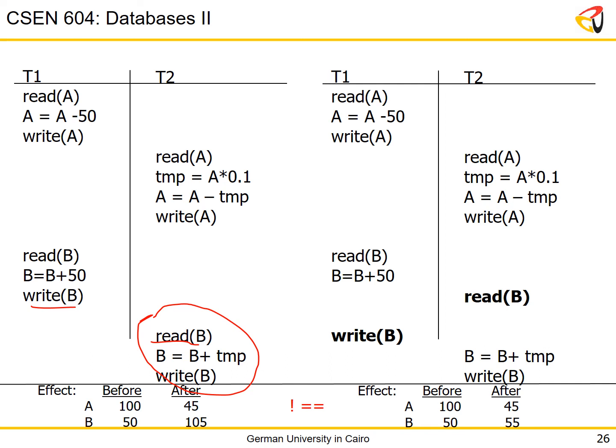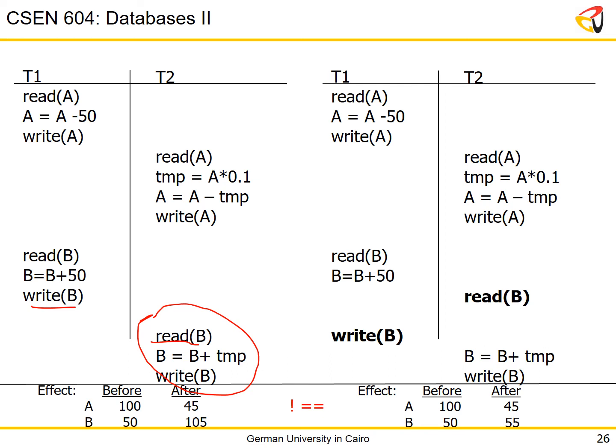So now I'm running T1, I read B, I add 50, and I'm just about to write this 50 added to B. When a context switch happens, now I'm running T2 again, and I read B. Okay? Now, a context switch happens after reading B, and I write now the new B in T1.